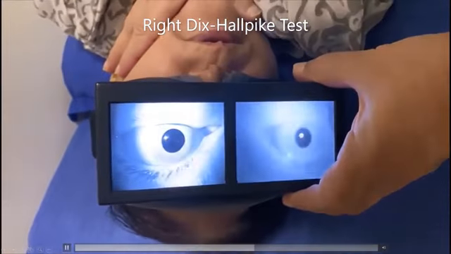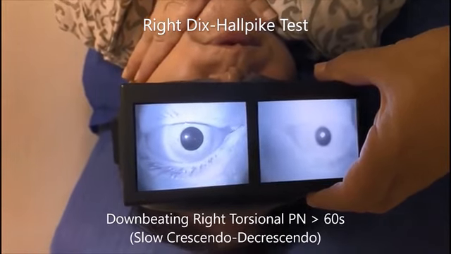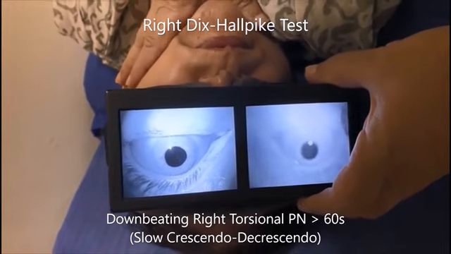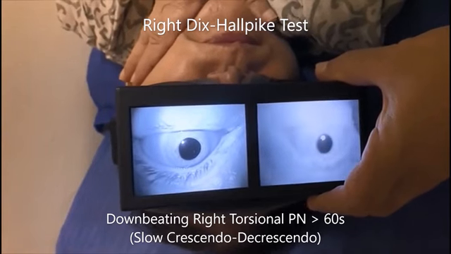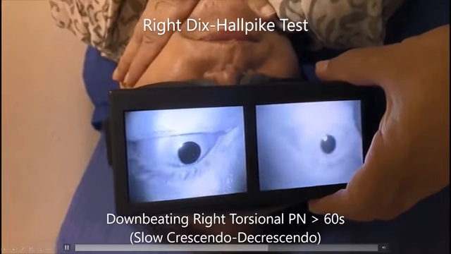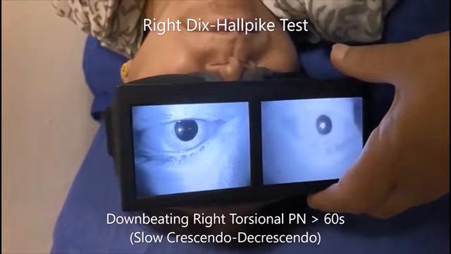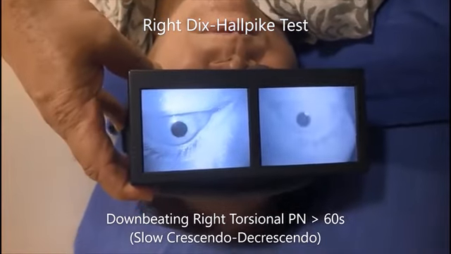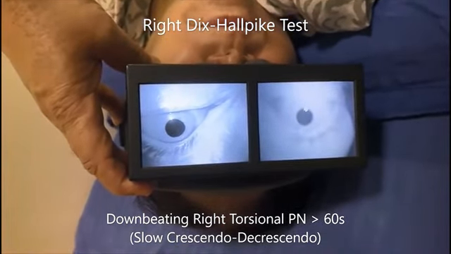Right Dix-Hallpike test shows a slow decrescendo, slow downbeat nystagmus with right torsional component. The upper poles of the eyes, the left eye is more clear, are torsionally beating towards the patient's right.